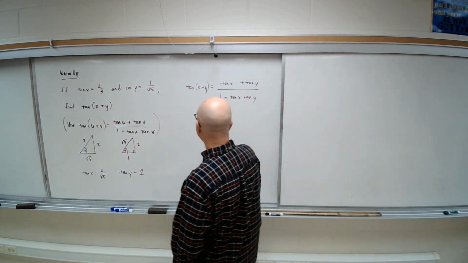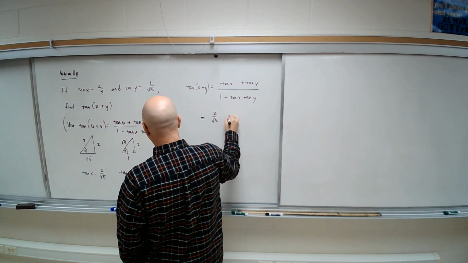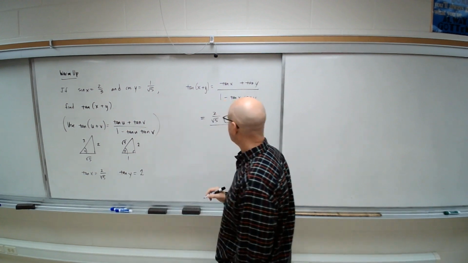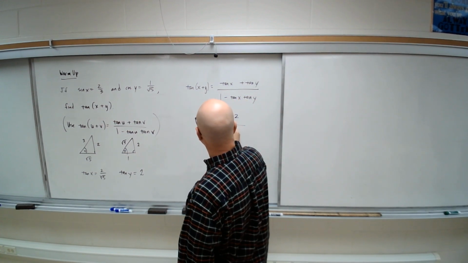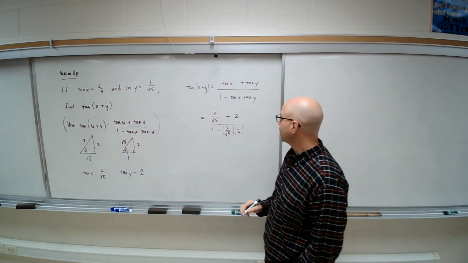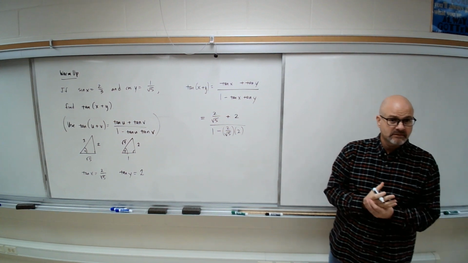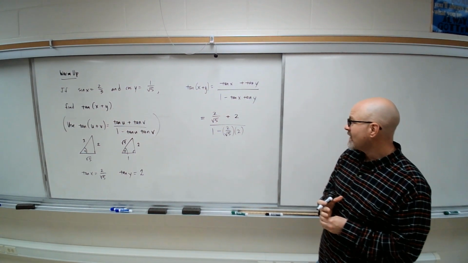So to do this, the tangent of x is 2 over radical 5, and then plus 2. Then in the denominator, we get 1 minus 2 over radical 5 times 2. So we have a nice compound fraction here. So let's try to clean this up.